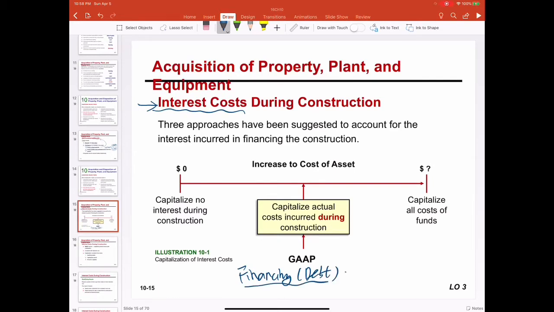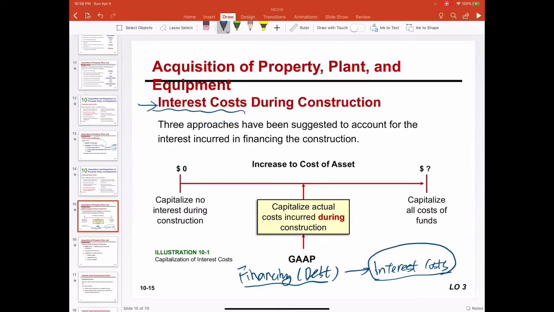And because debt financing generates interest costs, in other words, we should consider interest cost as part of the value of the property, plant, and equipment. In this section, we are going to introduce how to determine the amount of interest cost to be capitalized as part of the property, plant, and equipment value.